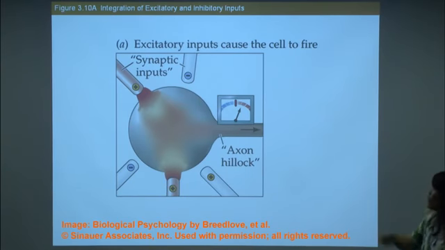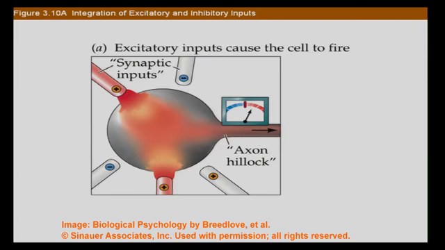And if it's really far away from the axon hillock, it can't cause a big stimulation. If you really want to be in control of that neuron, you want to be an excitatory input right next to the axon hillock. So when you say, hey, I'm firing right now, that has a big influence on whether that excitatory postsynaptic potential actually meets the criteria of reaching the threshold and fires an action potential, okay?